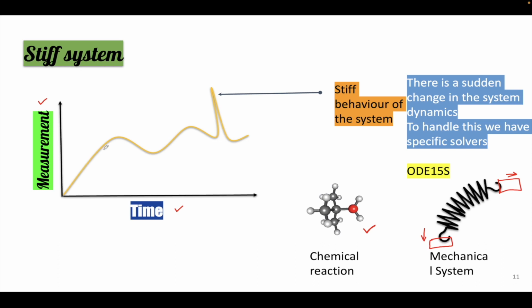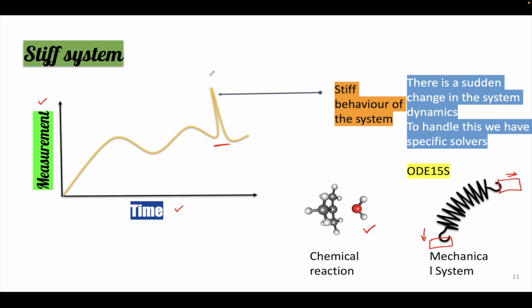Gradually, when I am measuring the heat in the case of a chemical system, at a certain concentration, once it is reached, the chemical reaction explodes, for example.